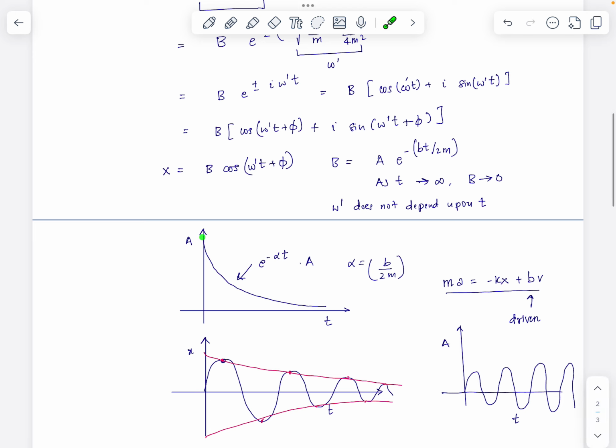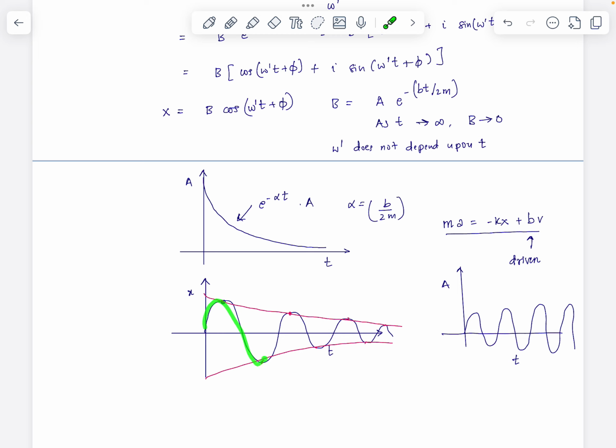So the amplitude goes to 0, which means that the sinusoidally varying function diminishes in magnitude. However, if we have a driven system, the effect is the opposite. The amplitude will increase with respect to time. So I hope this gives you an idea of what effect damping has on simple harmonic motion.